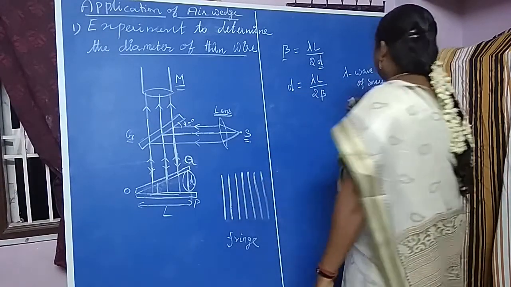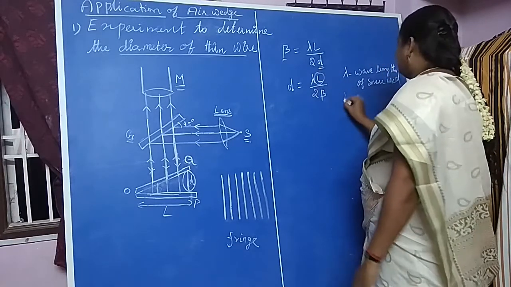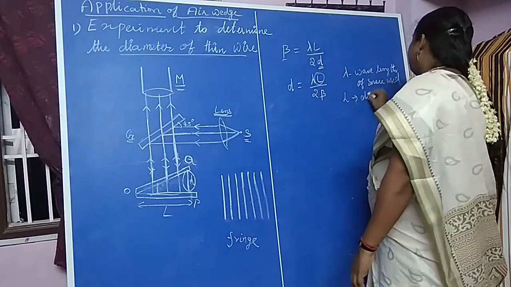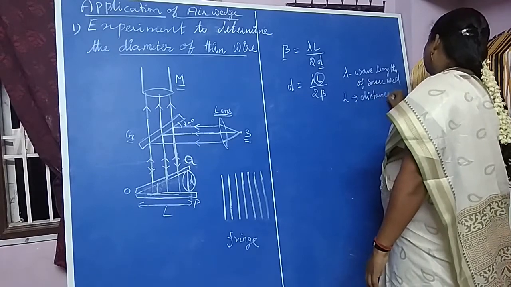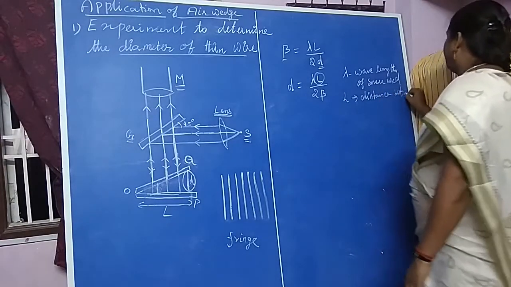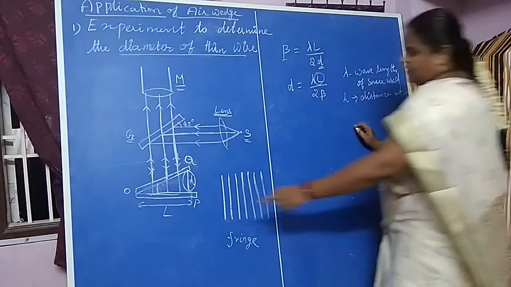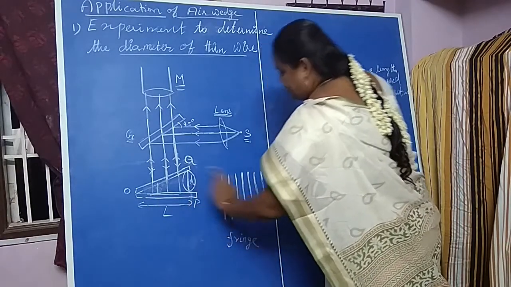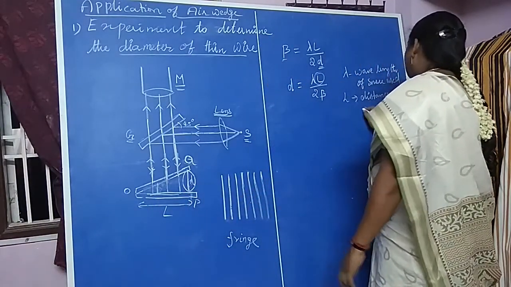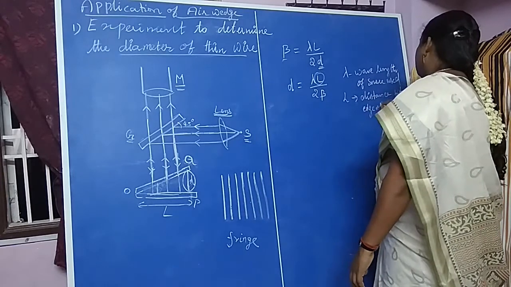Then L is the length, that is, the distance between the edge of contact and the specimen placed.